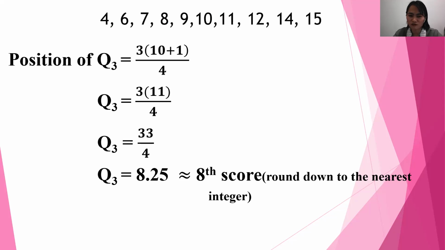And if the answer is a decimal, for the third quartile, we have to round down to the nearest integer. So 8.25 becomes 8, or the third quartile is the 8th score.